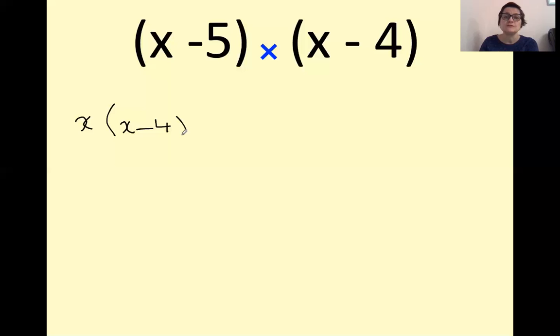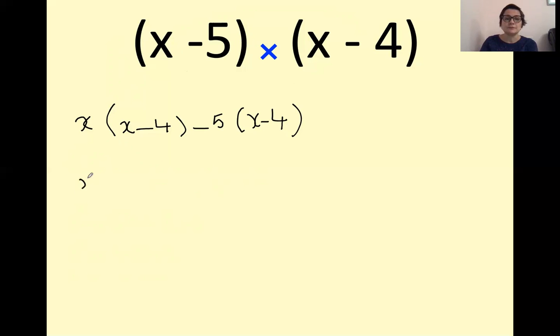And this stage of this expansion is very important. Now here is minus 5, so keep the sign as it is, minus 5 that multiplies x minus 4. And then now we can expand.